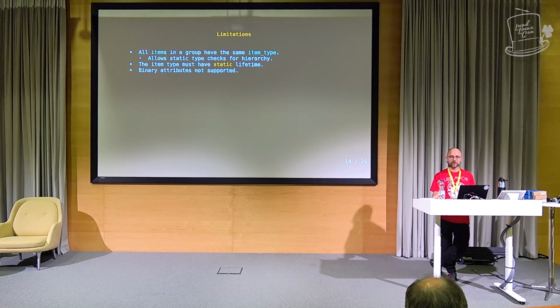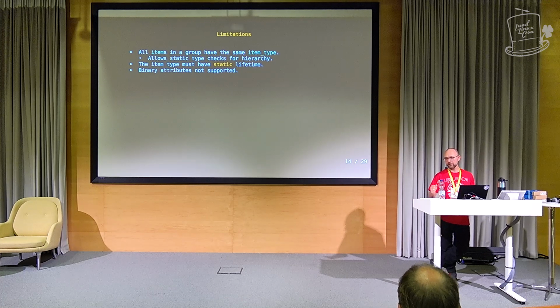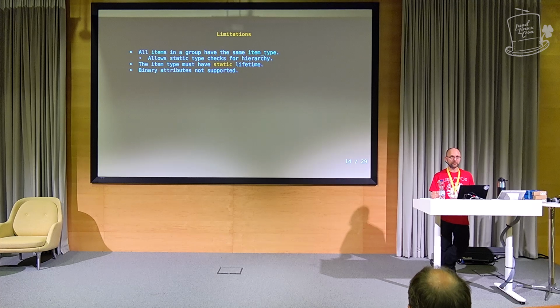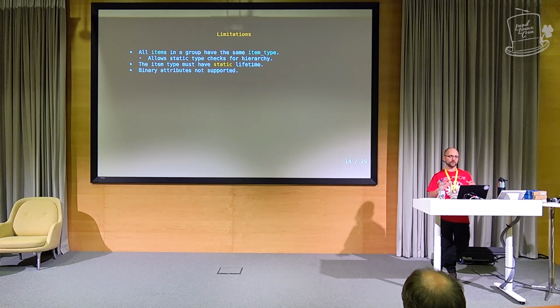And then the item types, we require they have static lifetime, and if you look at the C drivers that exist, they usually also define all the properties statically with macros provided by Configfs, so they know ahead of time. No one is dynamically building a list of files to appear in this directory. And no binary attributes.